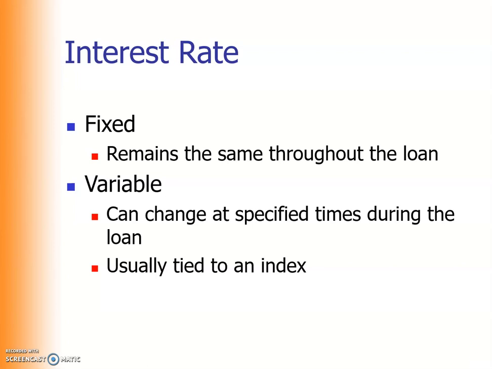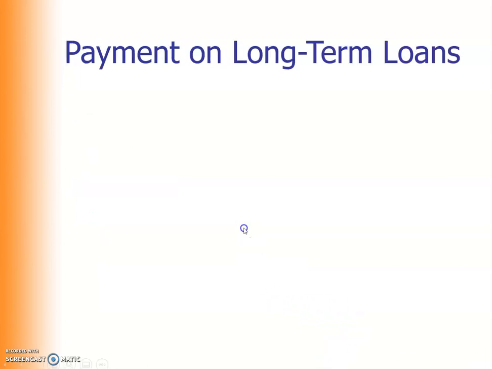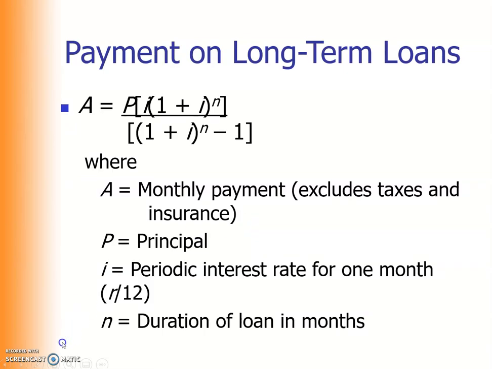Okay, so now let's talk about the payment on long-term loans. Loans can be long-term as well as short-term. Some of the specific conditions for short-term loans will be discussed later on. But for long-term loans, the monthly payments can be calculated by this formula.